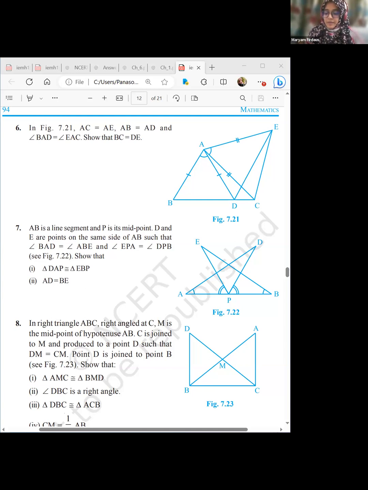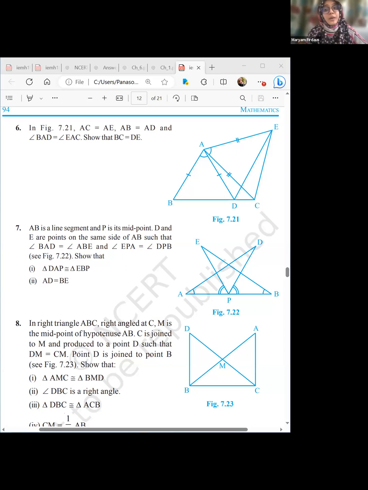Angle BAC is the one we want to show, to show that angle BAC is equal to angle DAE. But this isn't given to us.